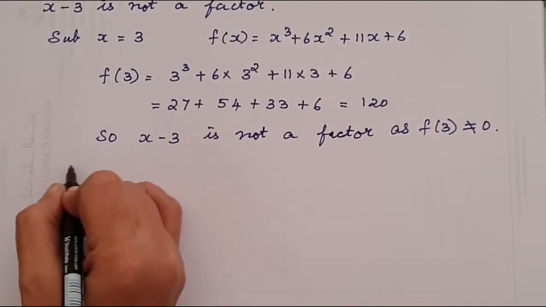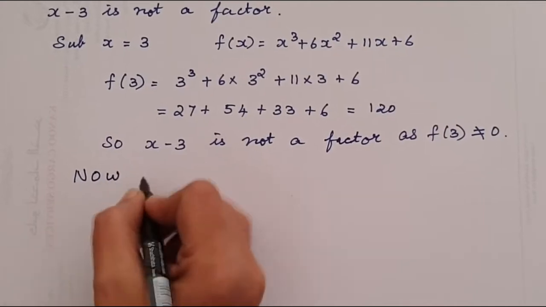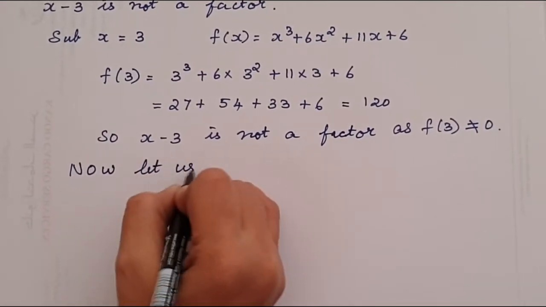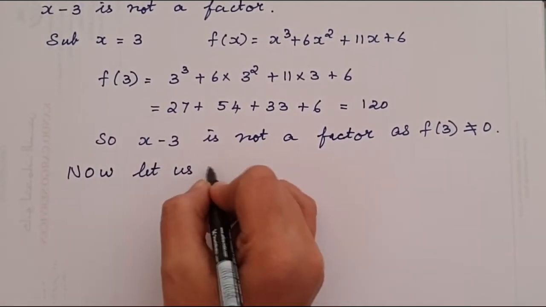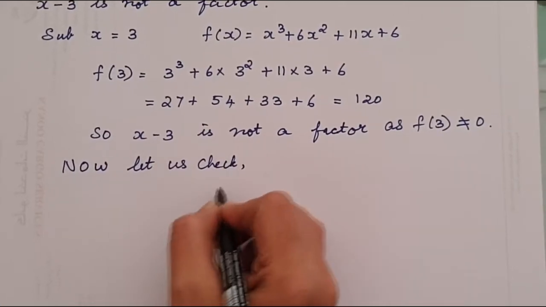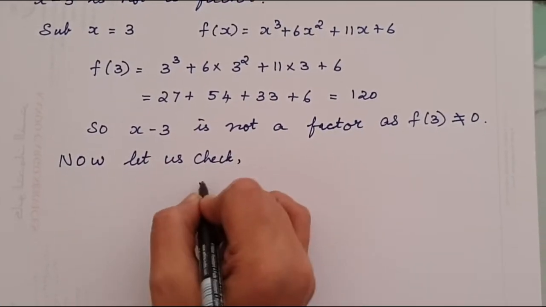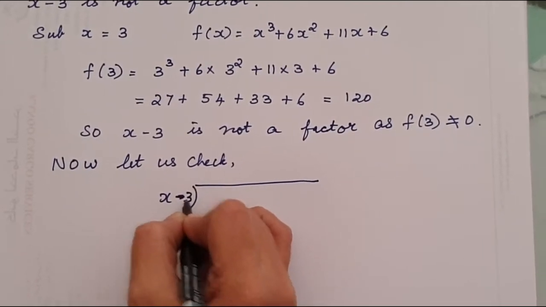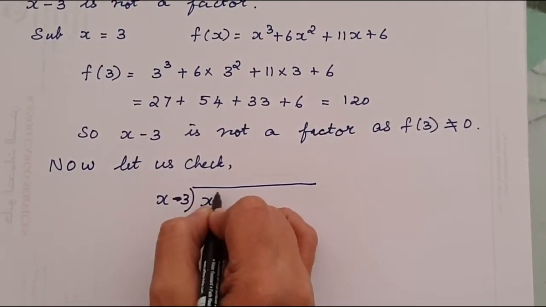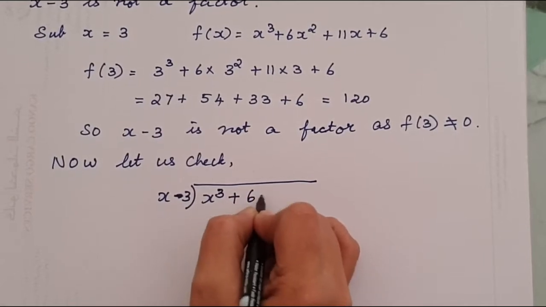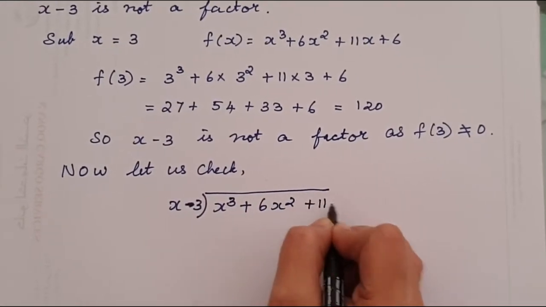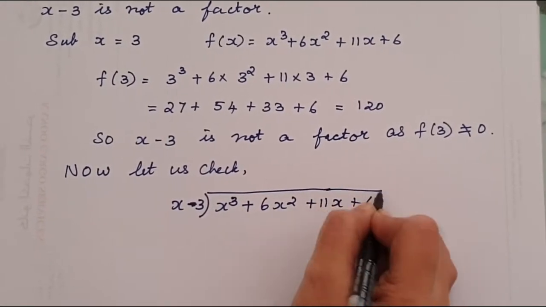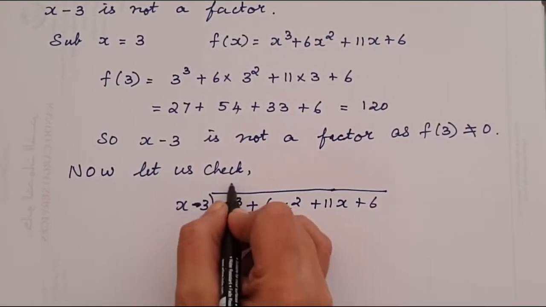Now let us check if we divide by x minus 3, will we get our remainder as 120? We'll just write the equation: x cube plus 6x square plus 11x plus 6. As usual, we compare x and x squared.